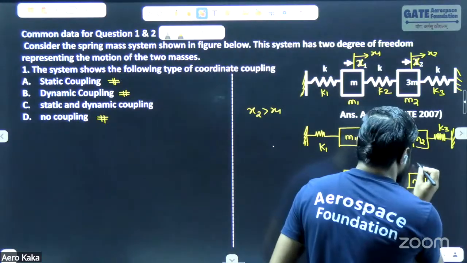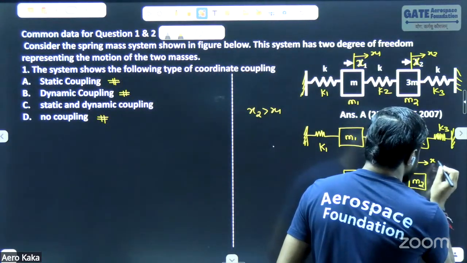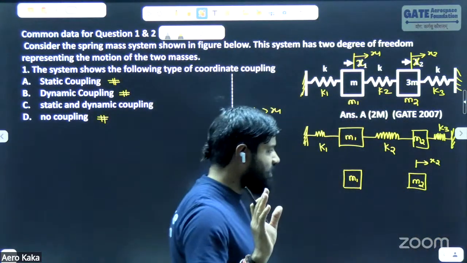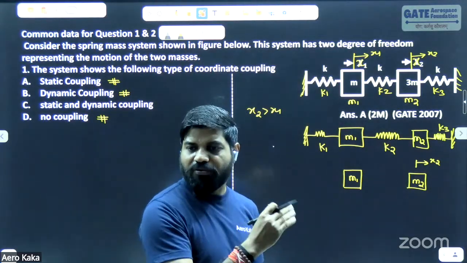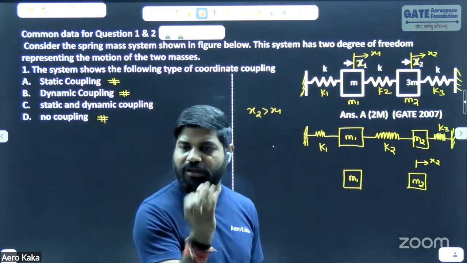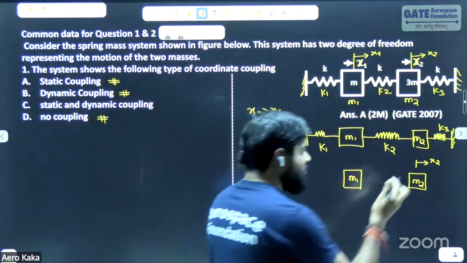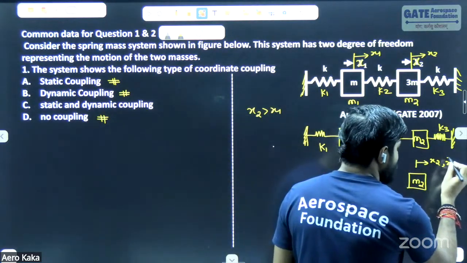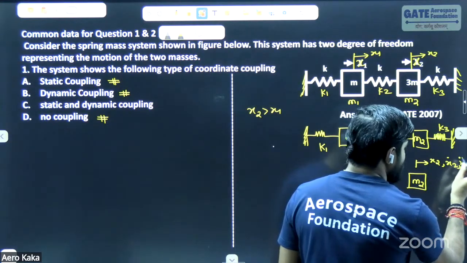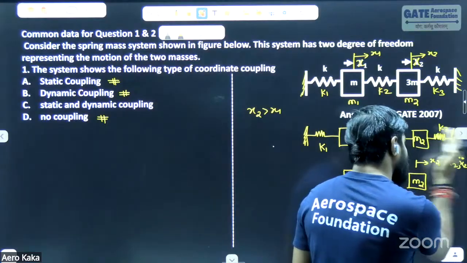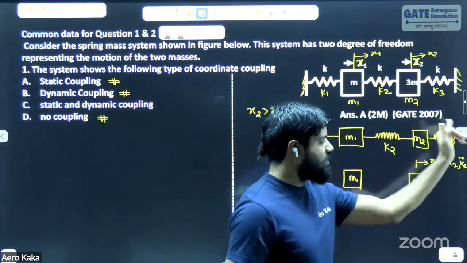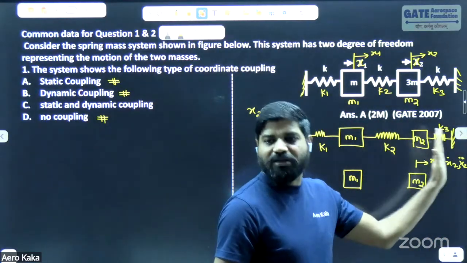That's x2. Tell me, what is the direction of inertia force? Inertia force is going to be in the opposite direction of acceleration. So this is x2 dot and x2 double dot. Done. At the same time, if this body is moving in this direction, the third spring is in compression.